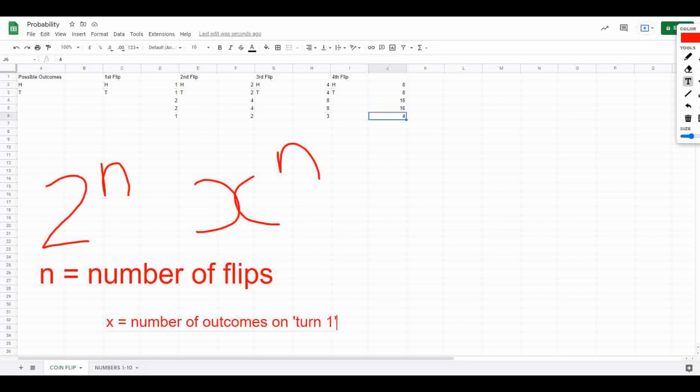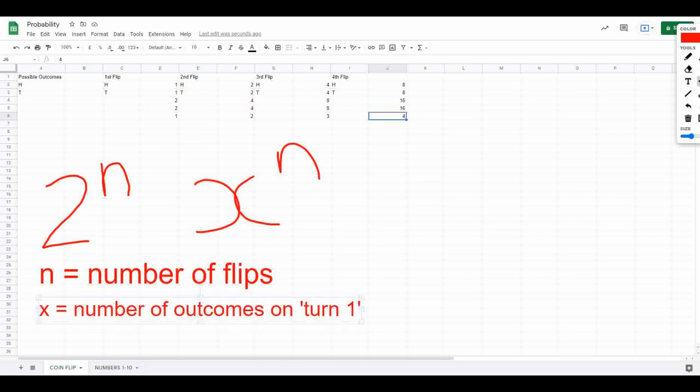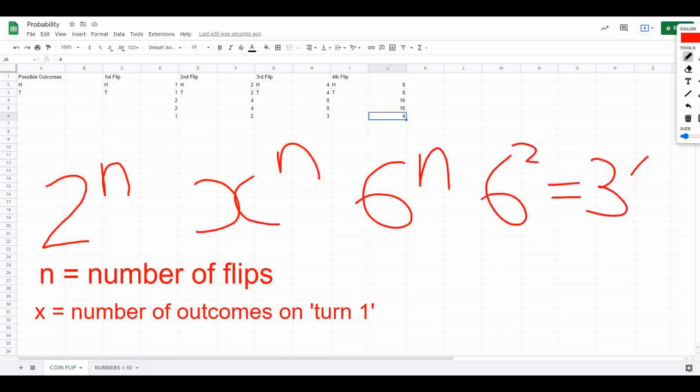So the first time you have a probability of doing one or the other thing, it's going to equal that. A good example of something else would be a 6-sided dice. So that would be 6 to the nth. So 6 different options to the nth, meaning that if you roll a dice twice, that's just 6 squared, or 36 different outcomes. So that's why when you're rolling a dice, there are way more outcomes than flipping a coin, quite obviously.